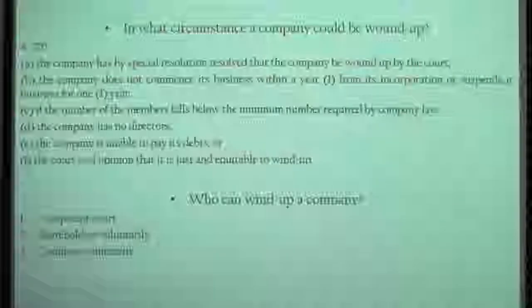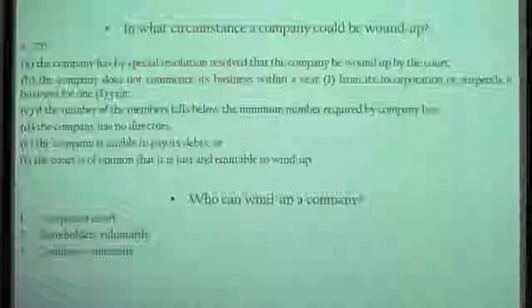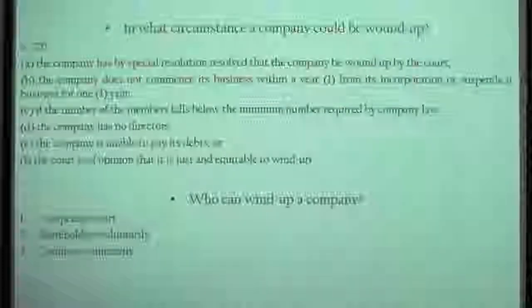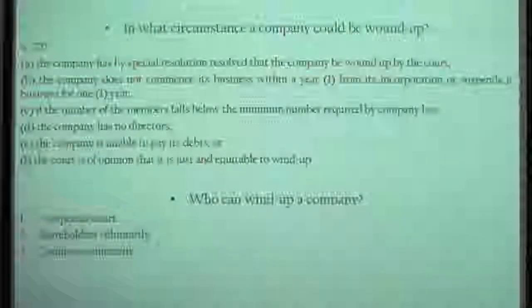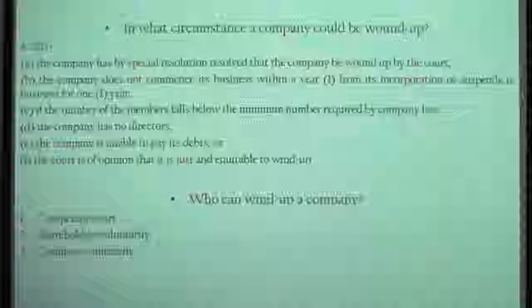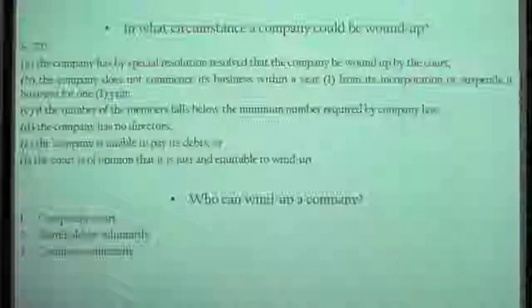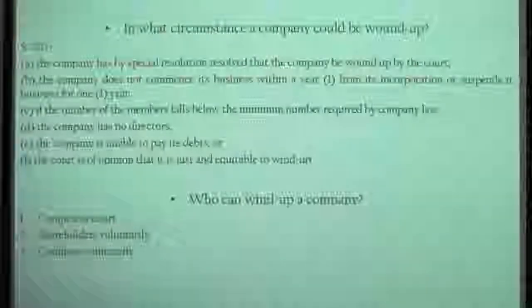The second situation is where the company does not commence its business within a year from its incorporation, or the inception that it is registered, or suspends its business for a period of 1 year in between, after the commencement, then such a company can be wound up. Let me repeat again.